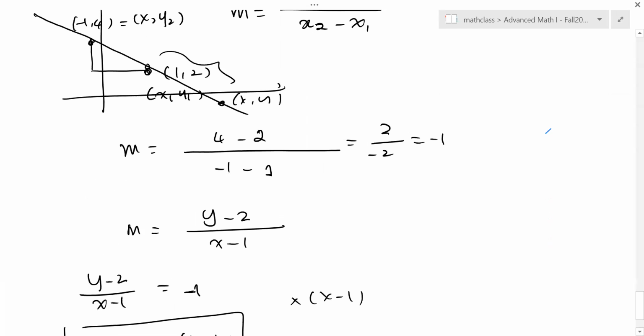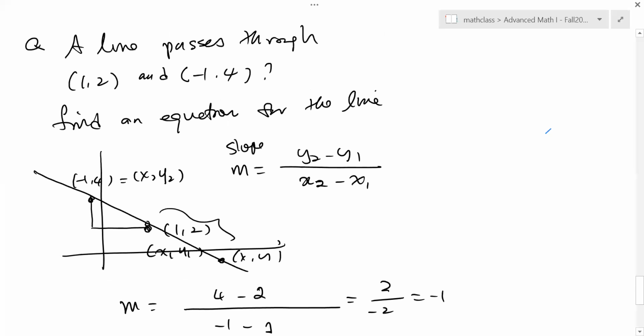Okay, let me go over it again. We're given 2 points in the xy plane, and a line passing through those 2 points. To find the equation means we are going to find the relationship between x and y for an arbitrary point on the line. So first I don't consider the arbitrary point, I consider the 2 specific points, and use them to find the slope.